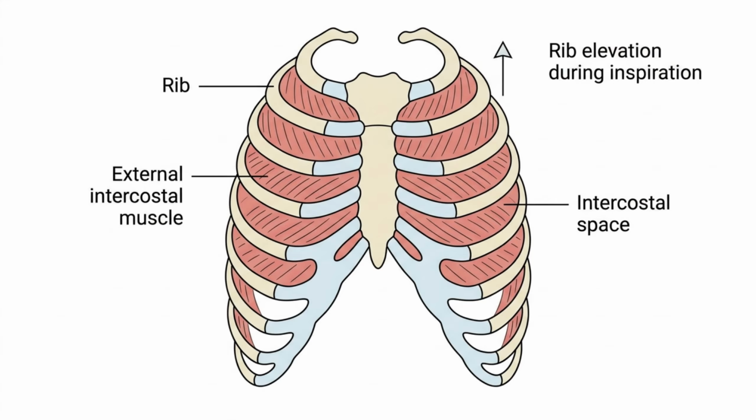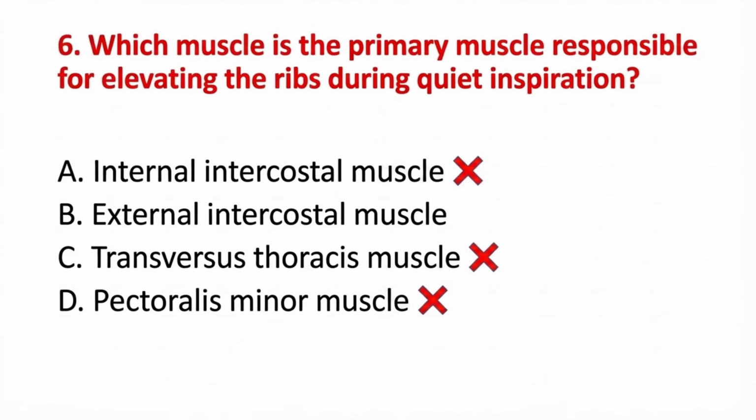Why other options are incorrect? Option A is incorrect because the internal intercostal muscles mainly assist with forced expiration by depressing the ribs. Option C is incorrect because the transversus thoracis muscle helps stabilize and depress the costal cartilages rather than elevating the ribs during inspiration.